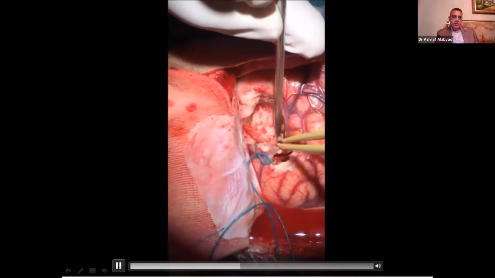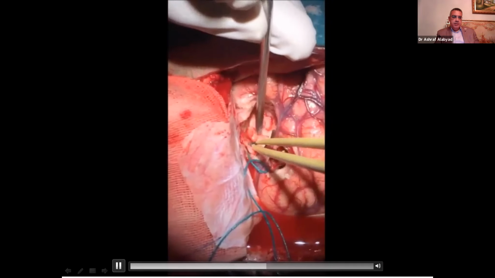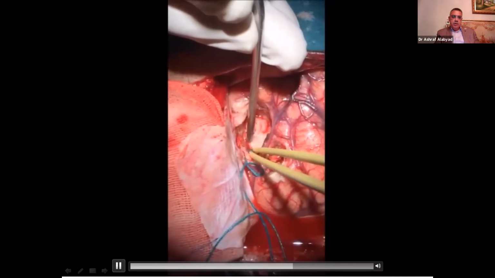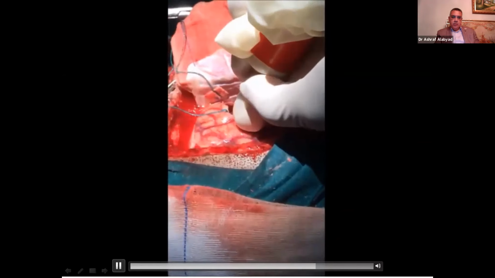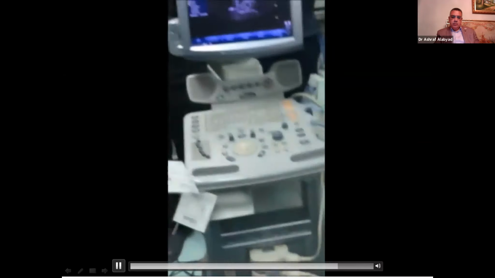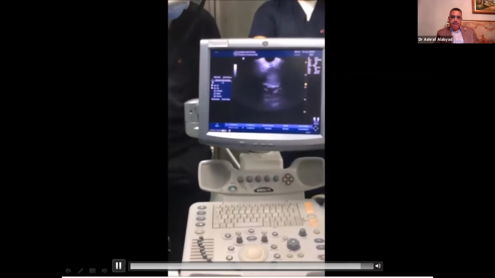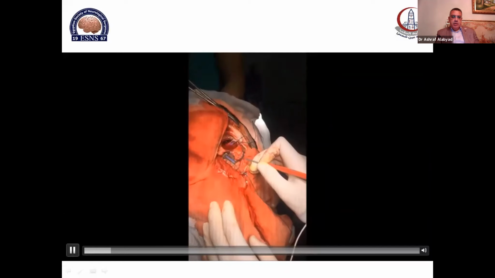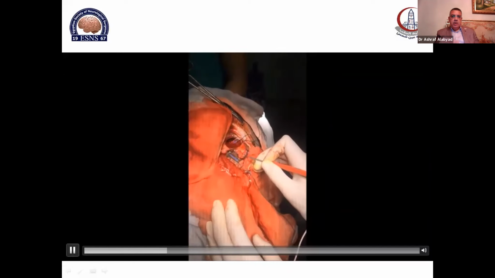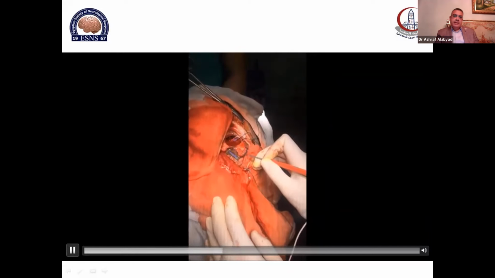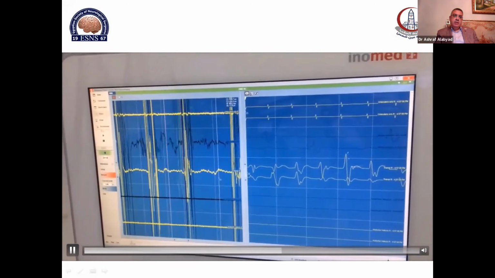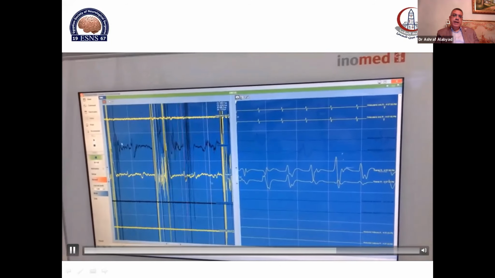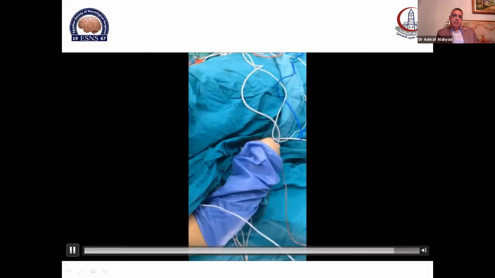Ultrasound actually is very helpful in defining the margin of the tumor. And in each step, we have to again test for the eloquent area by electrocortical or subcortical stimulation.